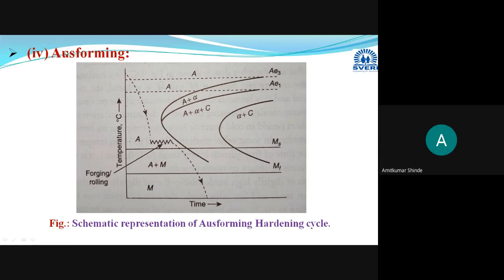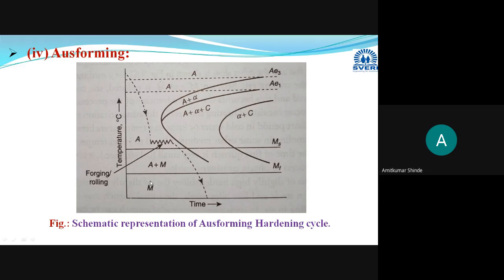Austenite will get deformed, due to the forging or rolling operation which is performed just below the nose temperature and above this Ms temperature. Okay, and again it is cooled with the help of oil medium, then you will get the martensite.